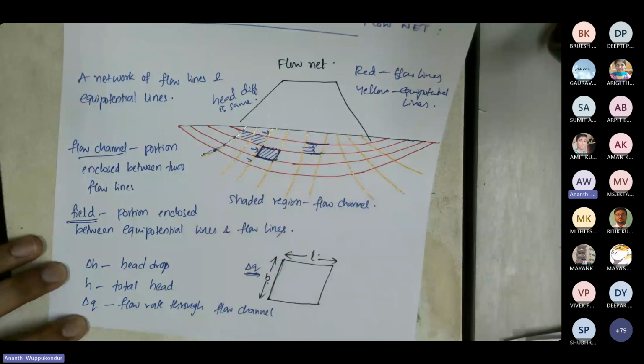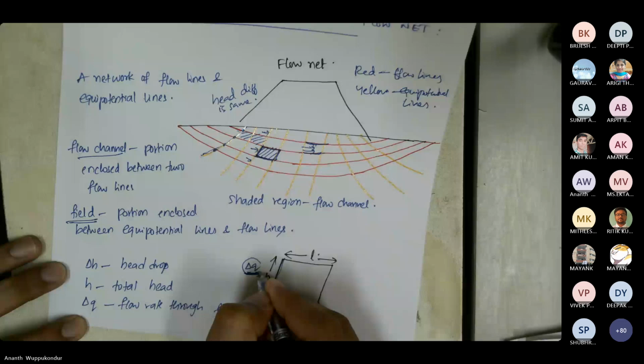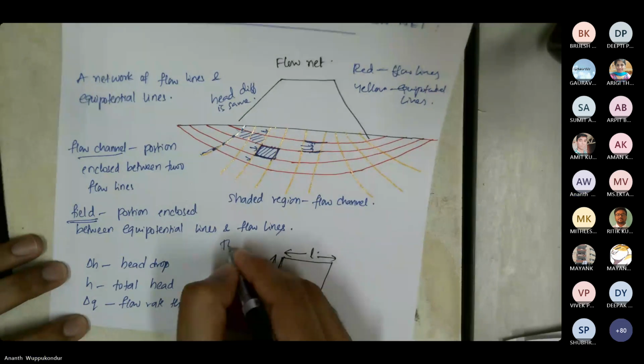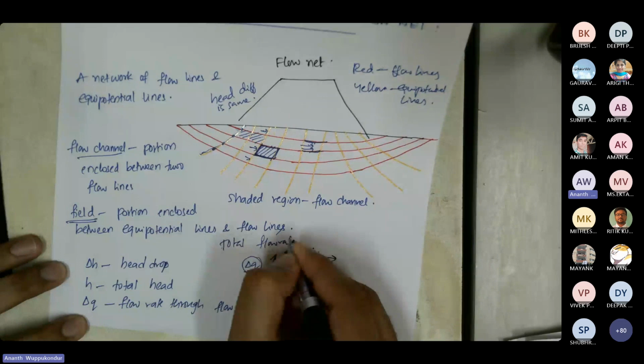And since these elements are small, I represent the flow rate by ΔQ. So the flow rate through each field is ΔQ, and the total flow rate would be Q.